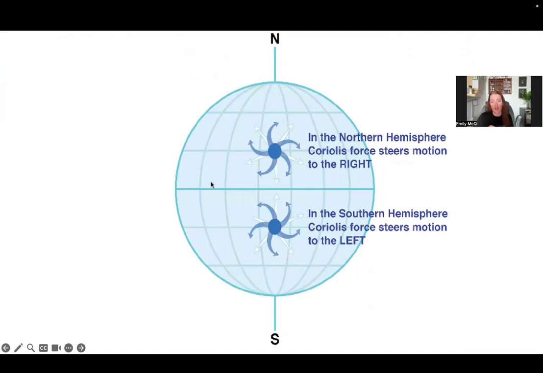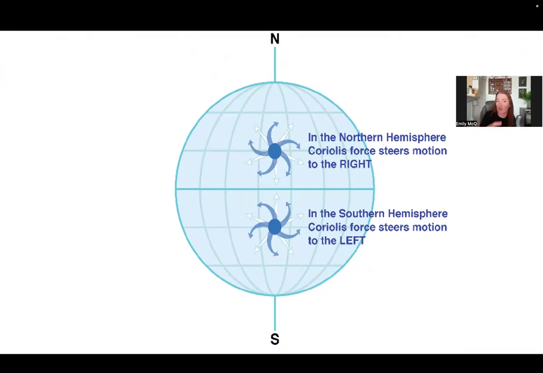From current slide. Because of the spinning of the Earth, the ocean currents actually move in different directions in the northern hemisphere than they do in the southern hemisphere. There's a story about how if you flush a toilet in the northern hemisphere, it goes one direction, and if you flush it in Australia, it goes in the other direction. And this is true.